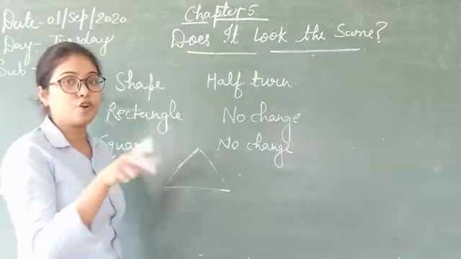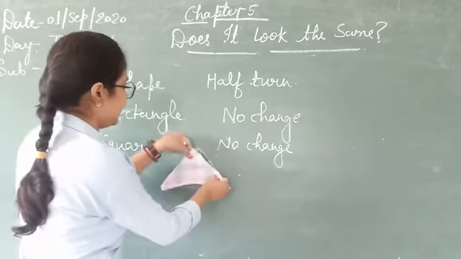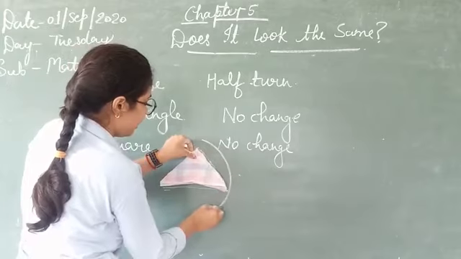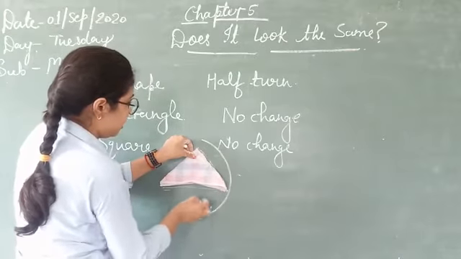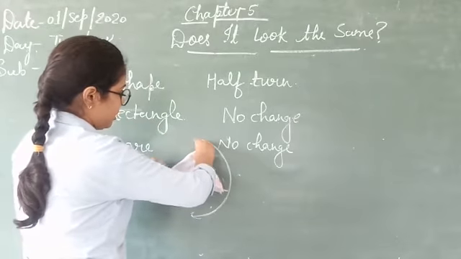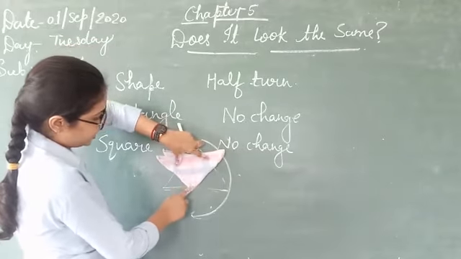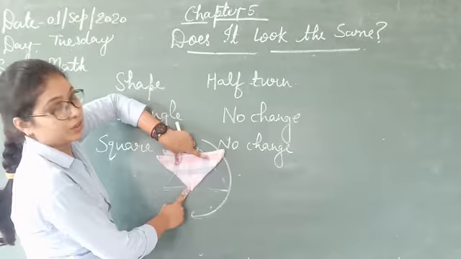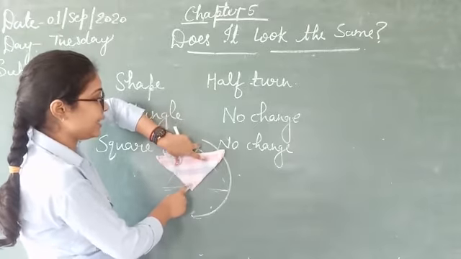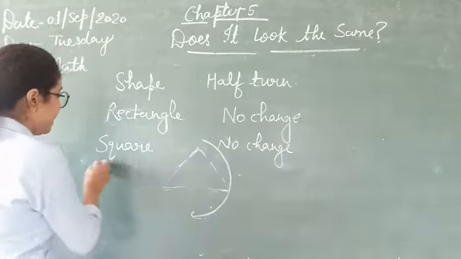Now again we have to see for the half turn. It is like this. For a half turn you have to rotate it here. When you rotate it, after the half turn this corner will come down. That means the shape will be like this. So you will write there will be a change.